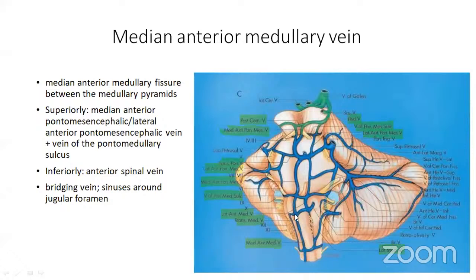Superiorly, it is continuous with the median anterior pontomesencephalic vein, or if the inferior segment is absent, it may continue from the lateral anterior pontomesencephalic vein and also joins the vein of the pontomedullary sulcus. Inferiorly, it continues as the anterior spinal vein. It may have bridging veins, which course to the sinuses around the jugular foramen.